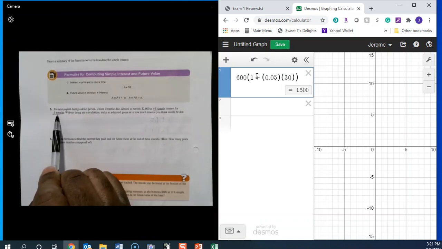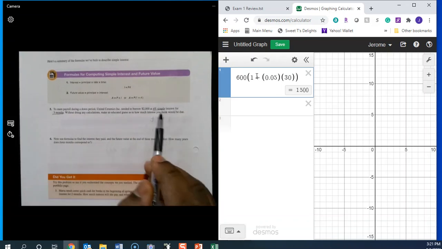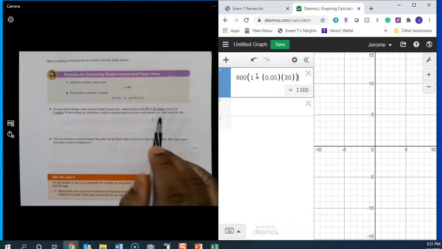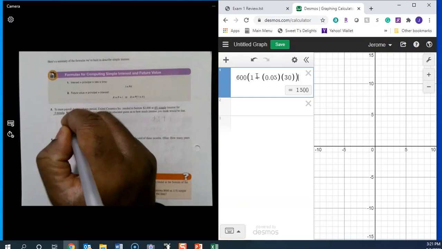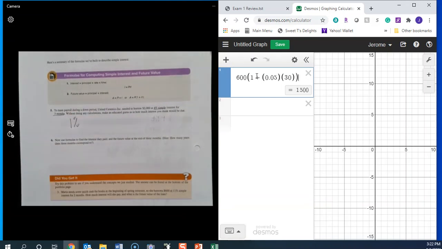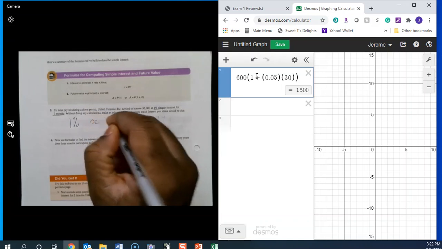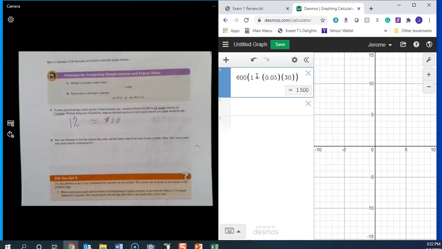So this is 1/4 of the year. I would think we would pay 1/4 of the interest. So 1/4 of 4% is just 1%. So I would think that it would be approximately about $20, because that's about what 1% is in this problem.